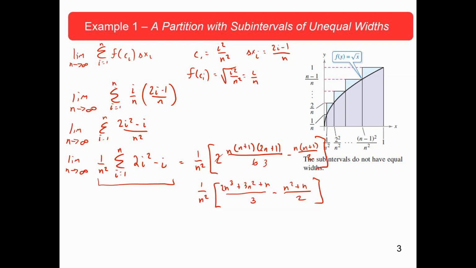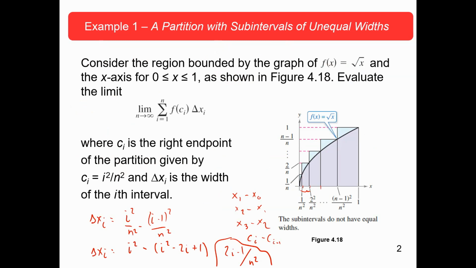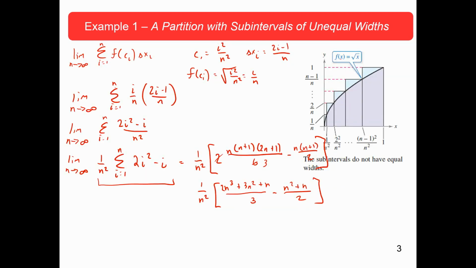Alright, so this is going to give us, hold on, let me make sure I got something right here. Yeah, I missed a square, didn't I? 2i squared minus i, so I hope y'all caught that.